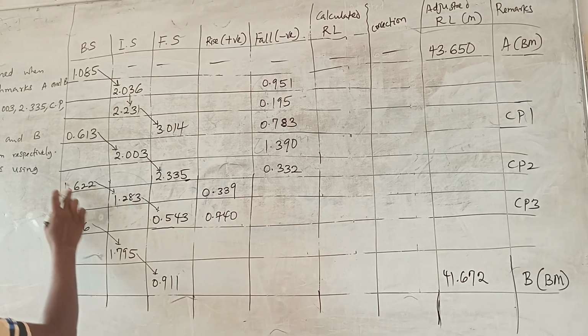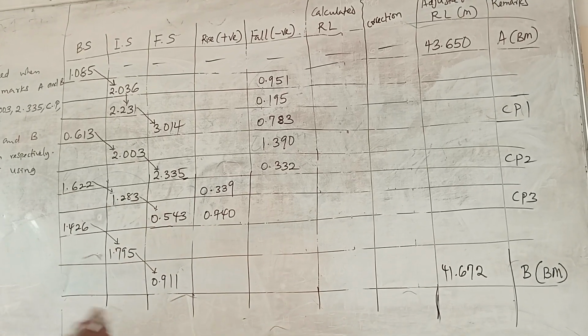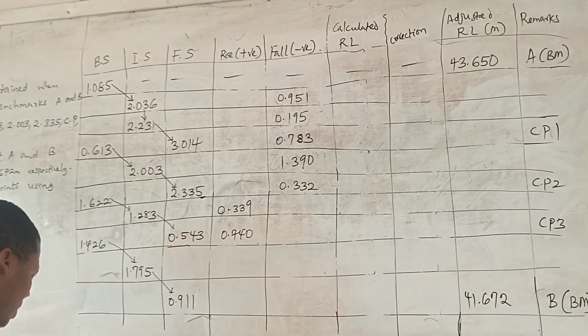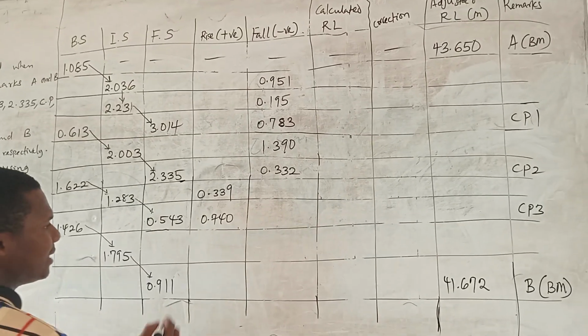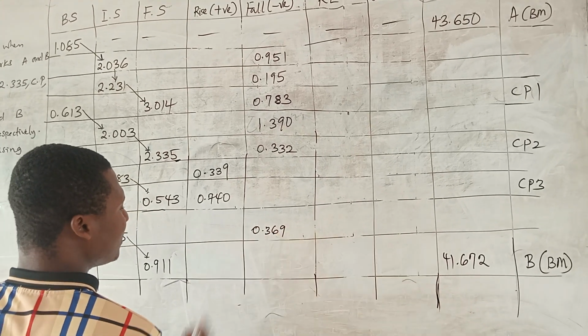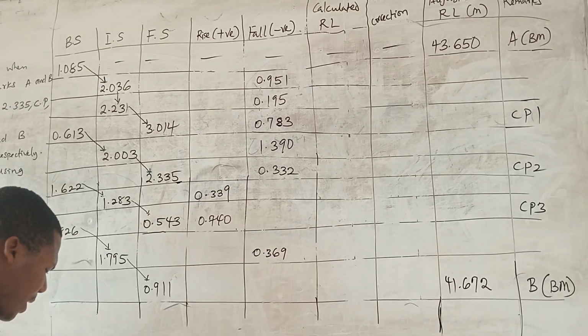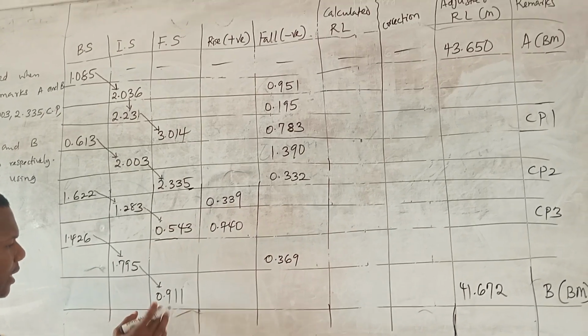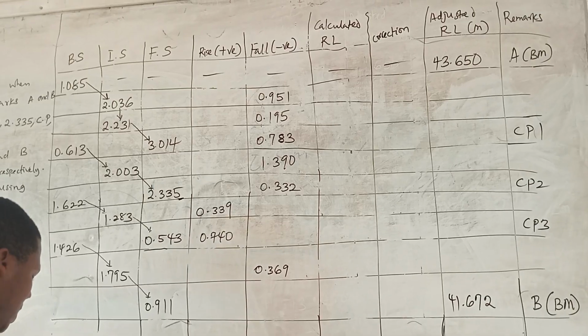Then, because it ends here, this is another setup entirely. So we have 1.426 minus 1.795, and that is minus 0.369. So since it's negative, write it under fall. And lastly, we have this value here minus this foresight. It's going to be positive, obviously, and is 0.884.